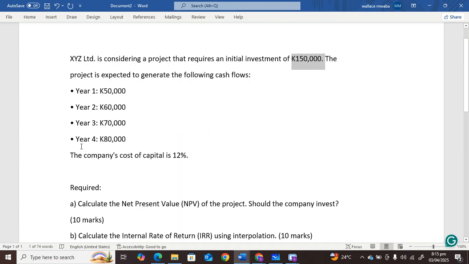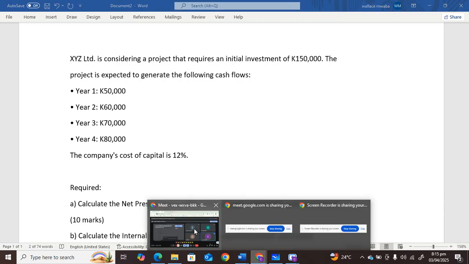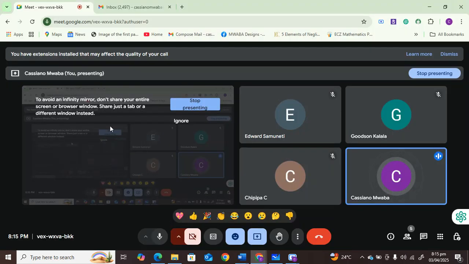Here, the company's cost of capital is 12%. Think of cost of capital just like the cost of borrowing. To get this investment of 150,000, either the business has to get a loan from the bank or the business can sell shares. Whenever you get a loan, there's that interest cost, which you can think of as the cost of capital.